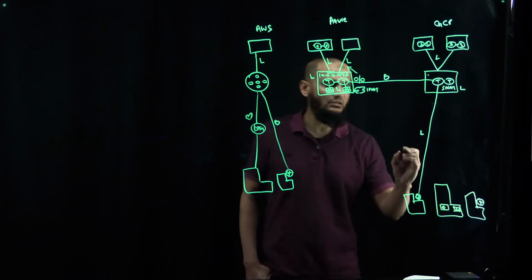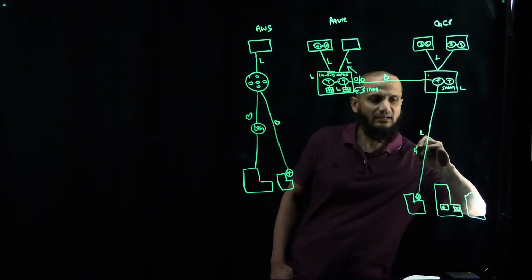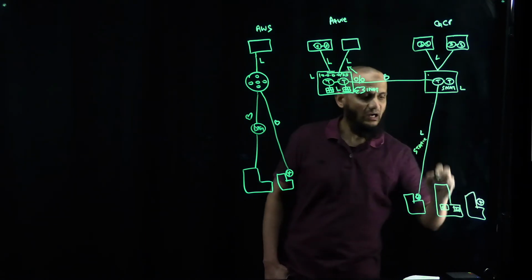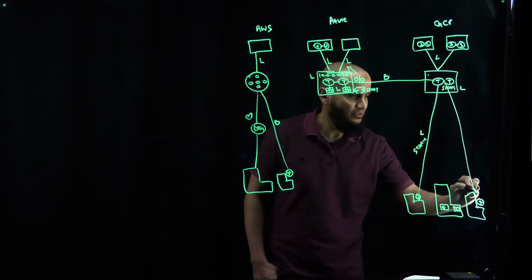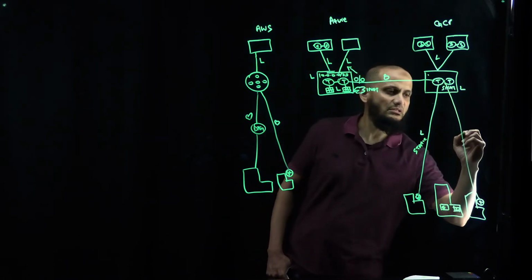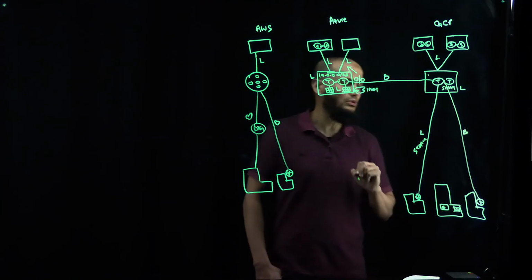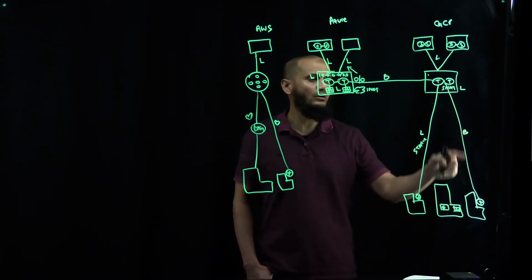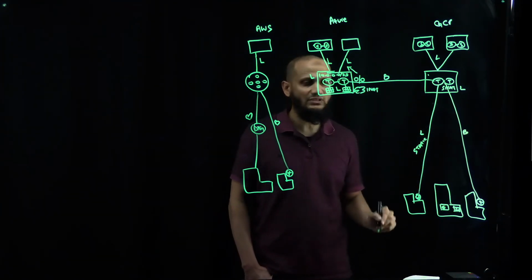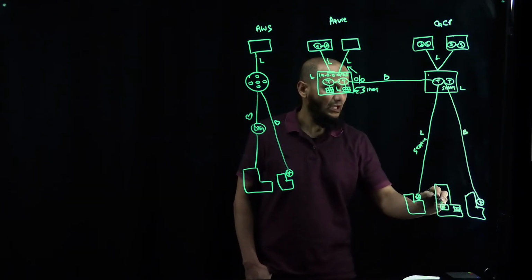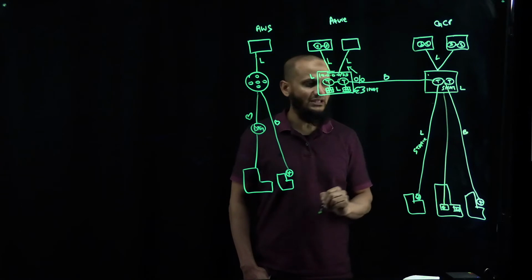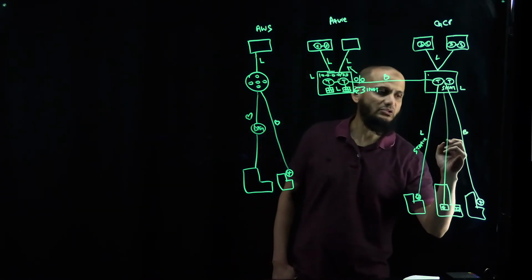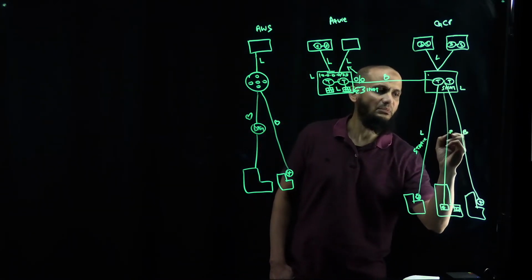Remember, this one was using static, and now I'm talking about BGP over here. So if this is using dynamic routing protocols like BGP, then we are going to call this route a BGP learned route.